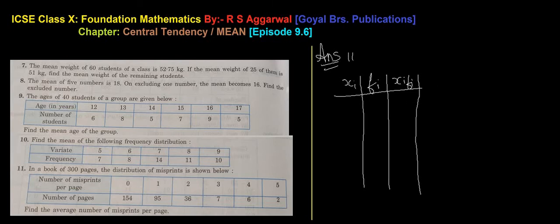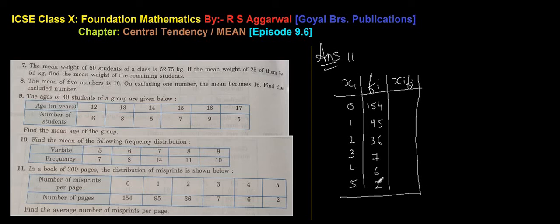Okay. So let us go for our xi. The number of misprints per page: 0, 1, 2, 3, 4 and 5. Fi is how much? 15, 40, 95, 36, 7, 6 and 2.